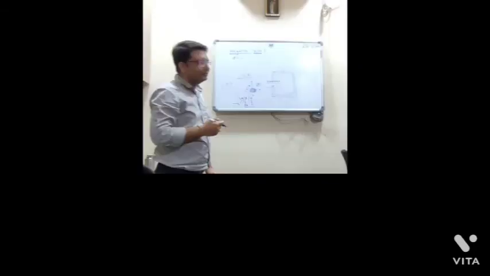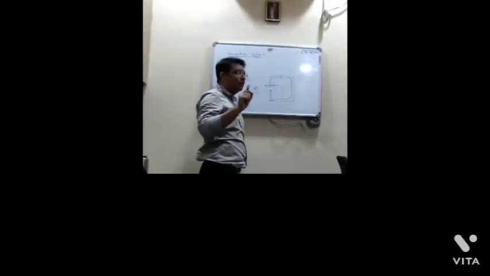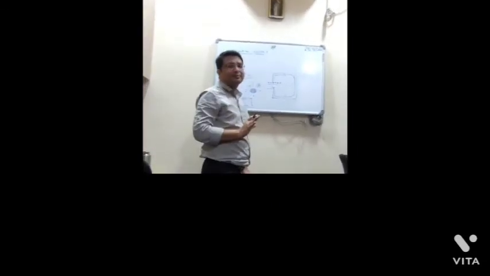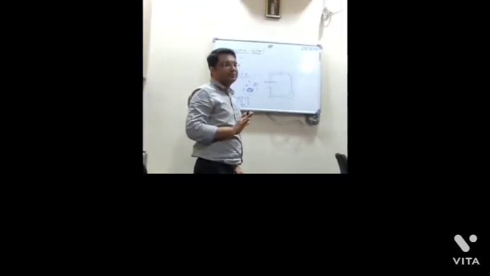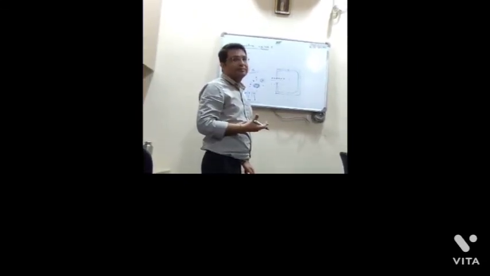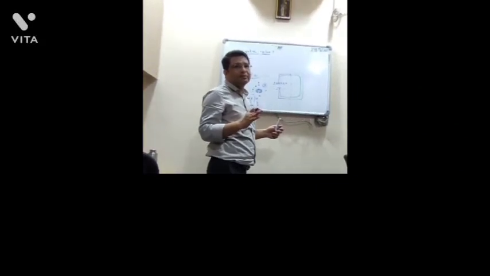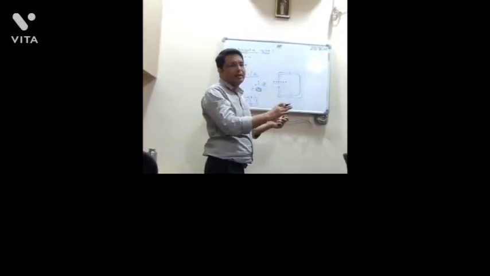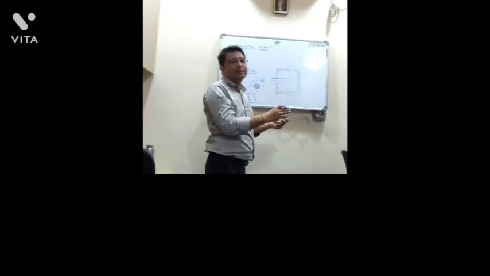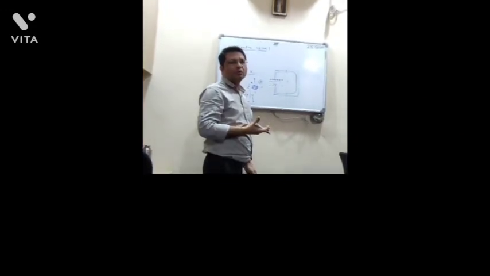Positive to negative? Never use this statement. I am asking what is the direction of flow of current. There is nothing like positive to negative or negative to positive. No doubt it coincidentally matches, but it's not the right word to use.